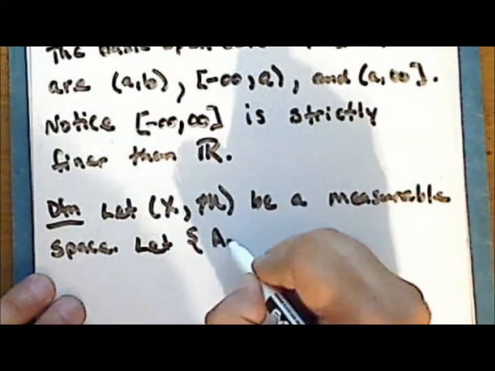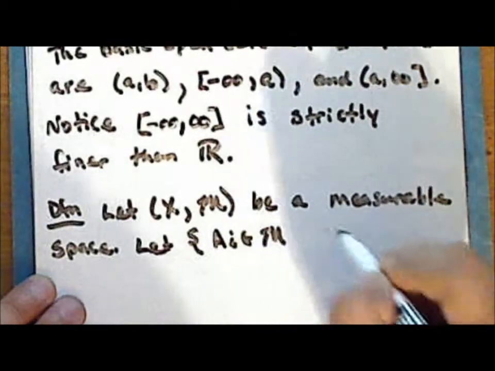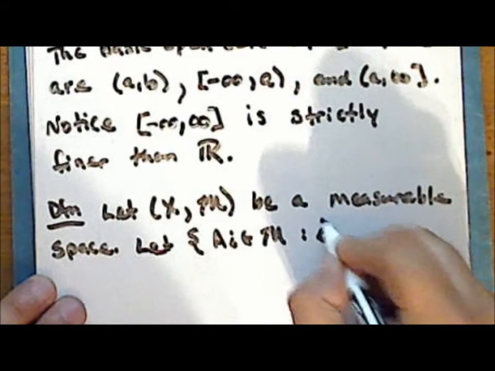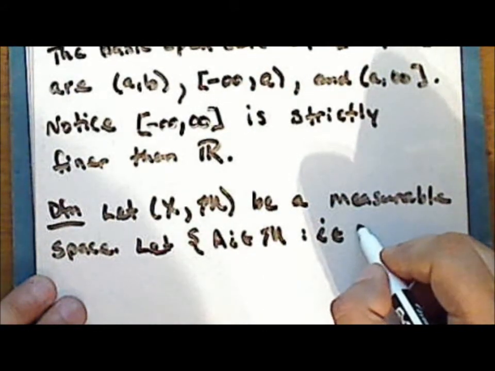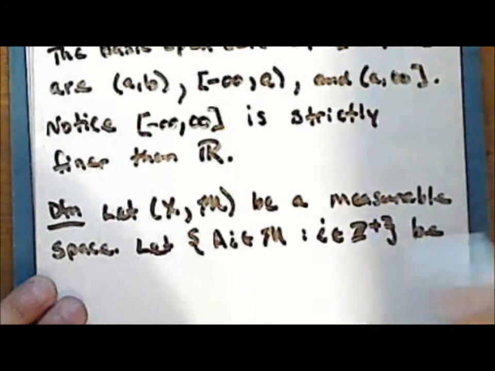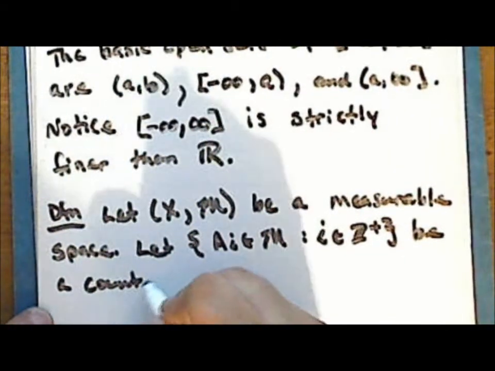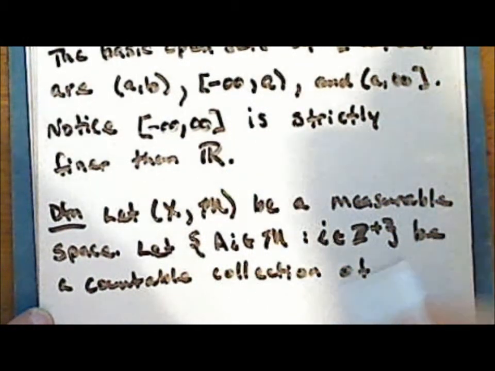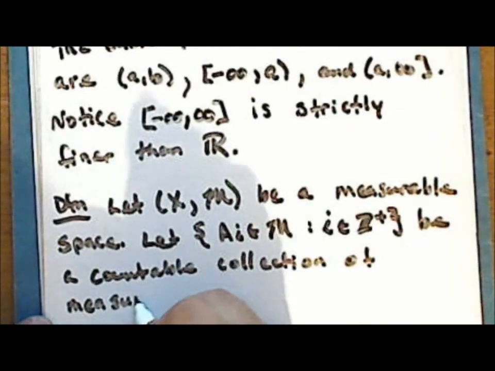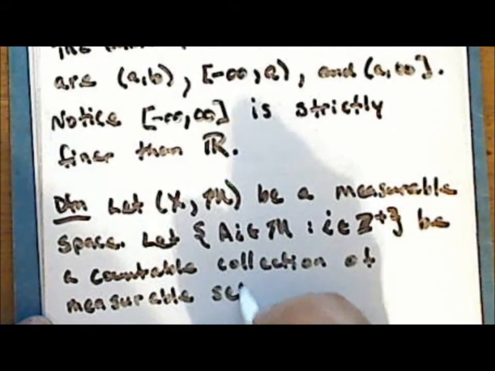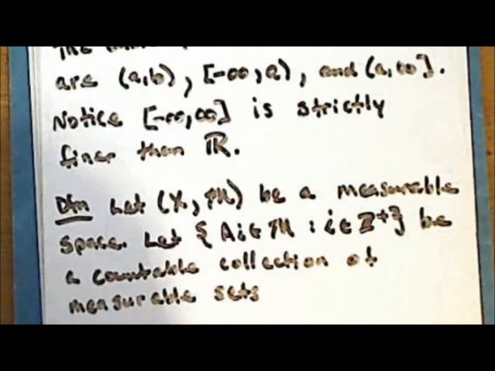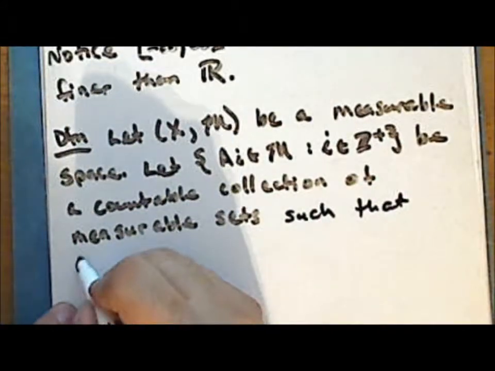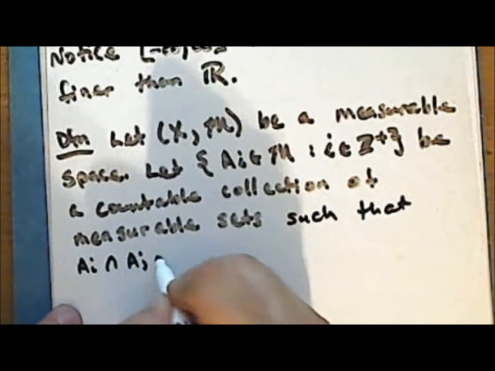Let the collection A sub i, for i in a countable index set, be a countable collection of measurable sets such that the intersection of A sub i and A sub j is empty.